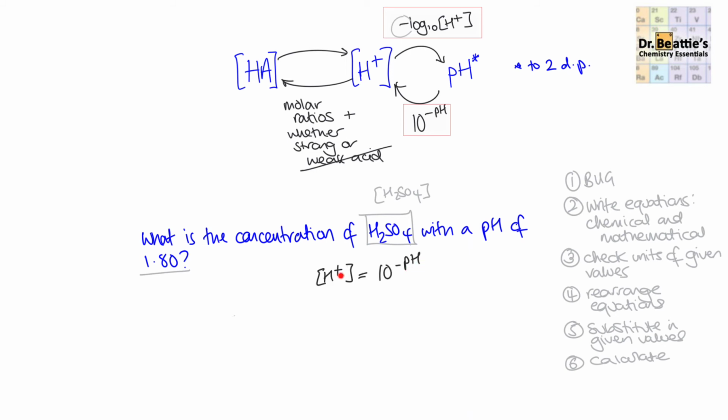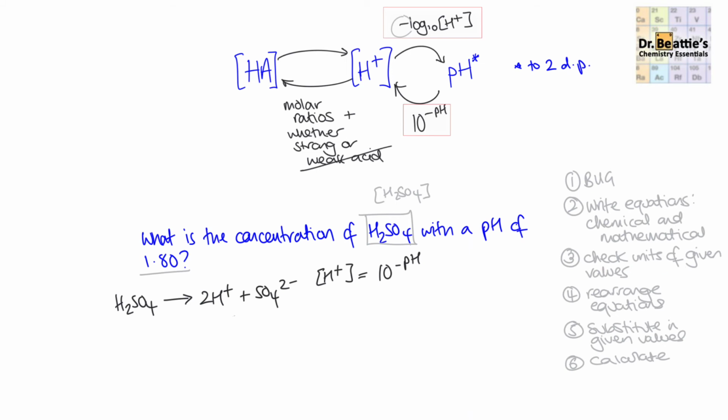And once we've used the pH to get to this concentration of H+ ion, we then need to use the molar ratios to work out the concentration of the sulfuric acid. So the chemical equation we're going to need is the ionization of H2SO4. And we remember that that is the diprotic or dibasic acid.